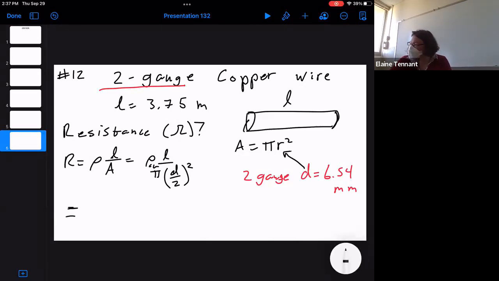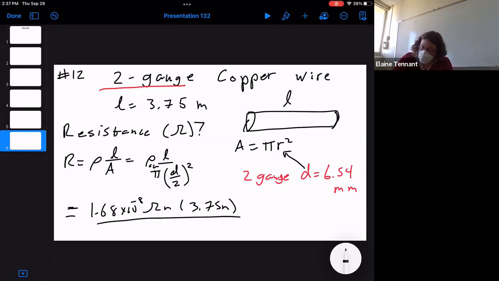So the resistivity of copper that they give us is 1.68 times 10 to the negative 8 ohm meters. We have a length of 3.75 meters. And when we plug in our numbers here, one, we're going to change this millimeters to meters. That's 0.00654 meters squared.